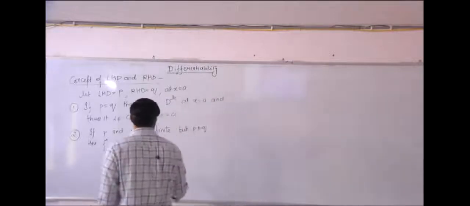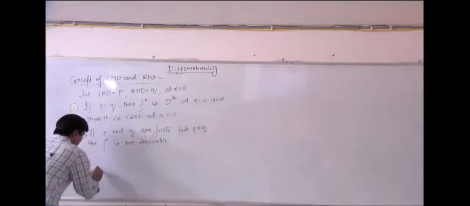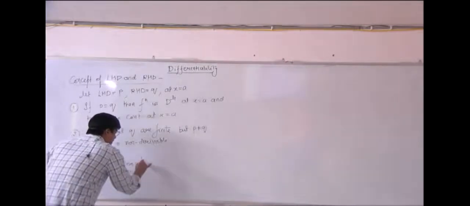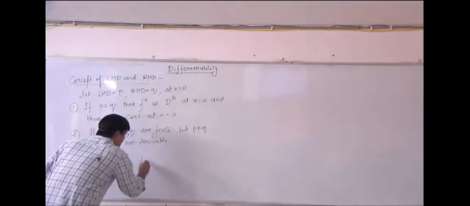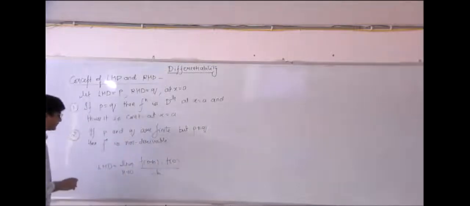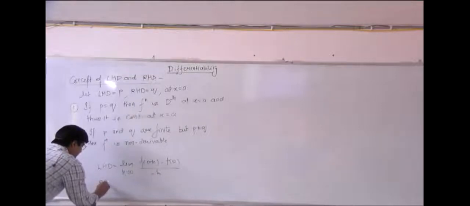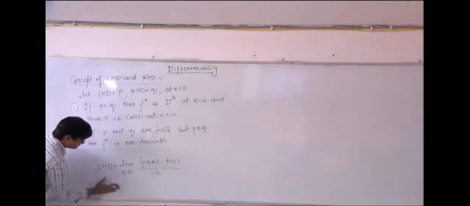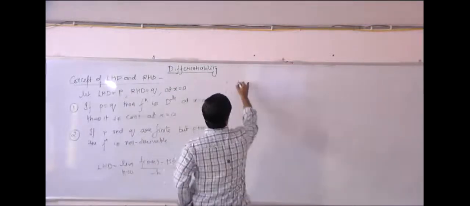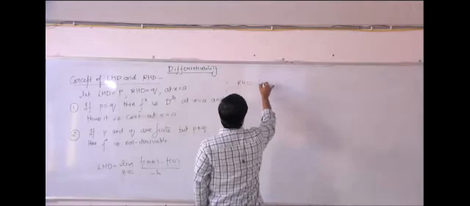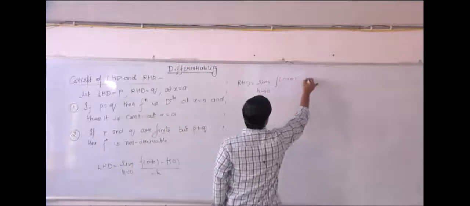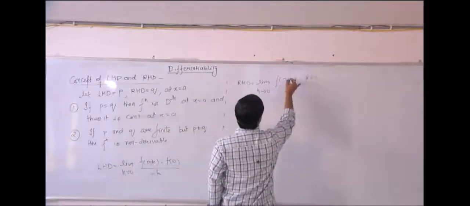So understand this. If I write left hand derivative, limit h tends to 0, f of 0 minus h minus f of 0 divided by minus h, and right hand derivative, limit h tends to 0, f of 0 plus h minus f of 0, sorry, let's say f of a.